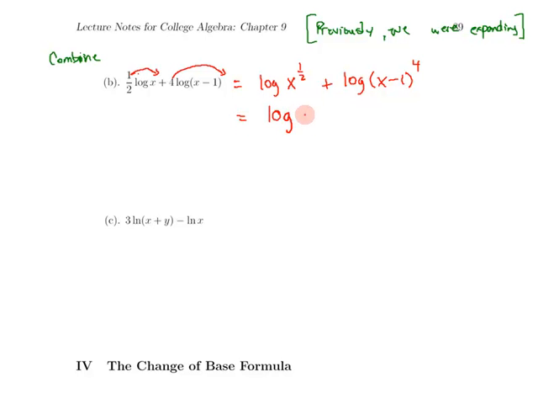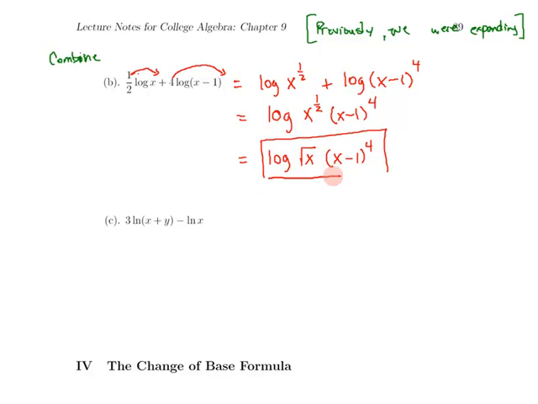So log of x to the 1/2 times x minus 1 to the 4th, which is correct, or alternatively we could also convert x to the 1/2 to a radical, and either one of these last two lines would be correct. We have a single logarithm.